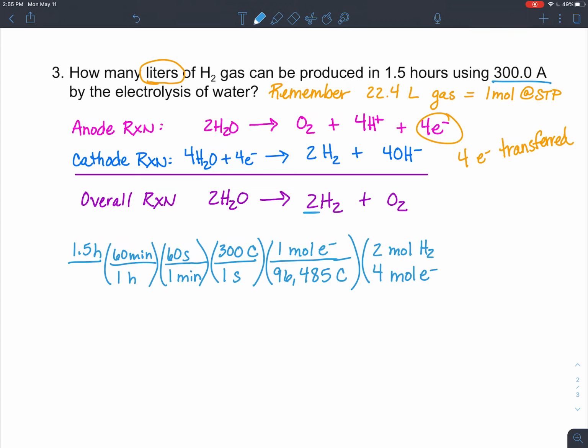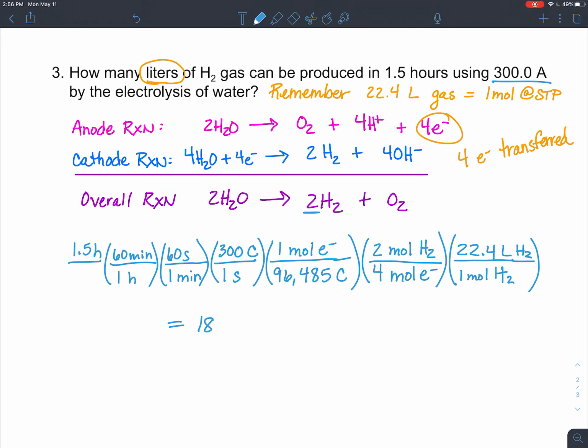So make sure that's not per 1 mole of H2, that's for 2 moles of H2. And then we don't need to go to molar mass because we want to know the volume. So then for every 1 mole of H2, we have 22.4 liters of H2.